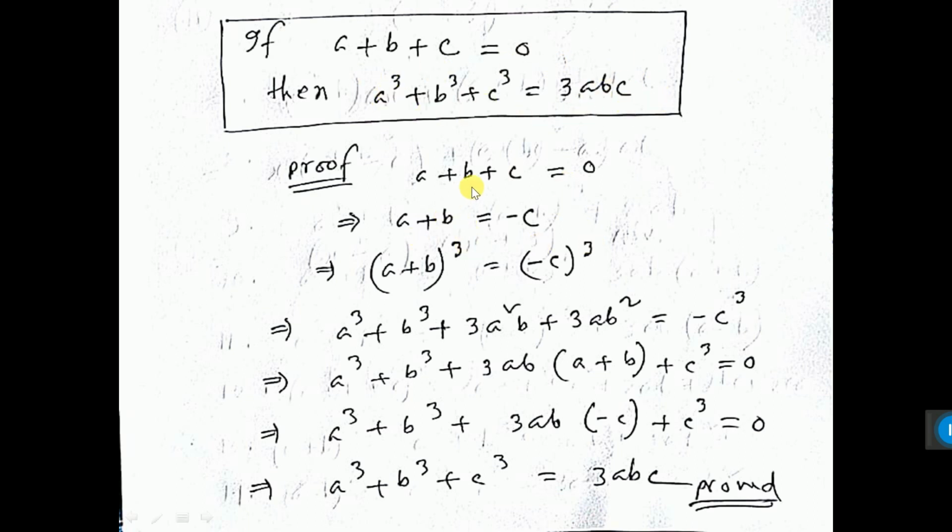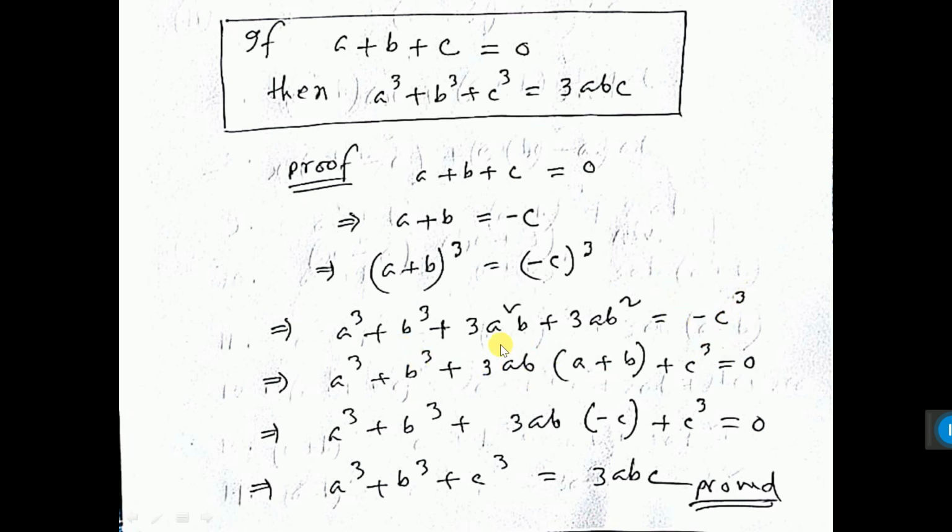See here, I have taken c to the right hand side, so this c becomes minus c that side. Now cubing both sides, this side whole cube, that side also whole cube. This side you split up with the (a + b) whole cube formula: a cube plus b cube plus 3a square b plus 3ab square, and that side minus c whole cube means minus c into minus c into minus c. So 3 times minus, it will come minus c cube.